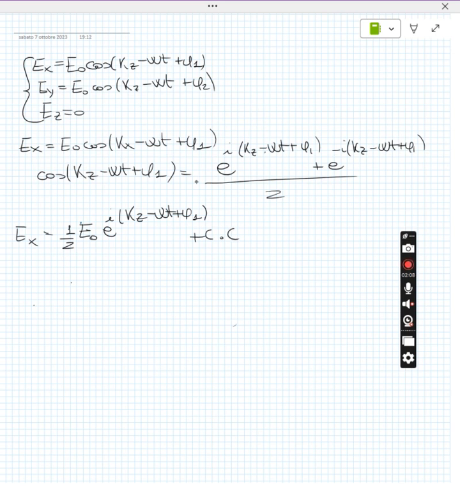And we can neglect the complex conjugate without loss of information. We can also rewrite like this, because rescaling the magnitude of the electric field doesn't change anything from the physical point of view.